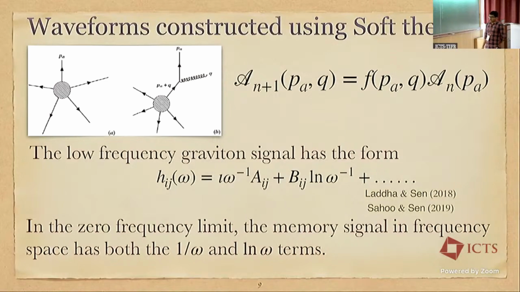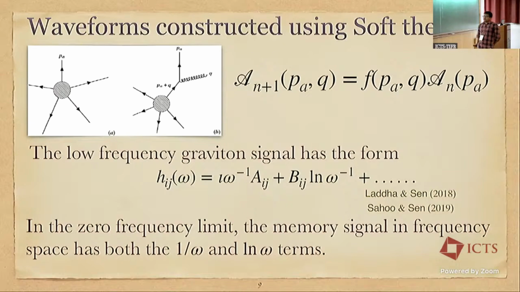soft graviton theorem. The soft graviton theorem tells us that the amplitude of a graviton emission from an n-particle scattering can be expressed as the product of a kinematical factor A and the amplitude of the n-particle scattering.